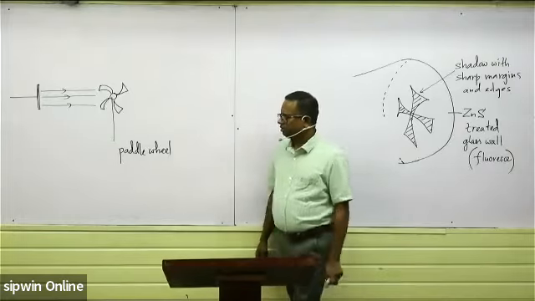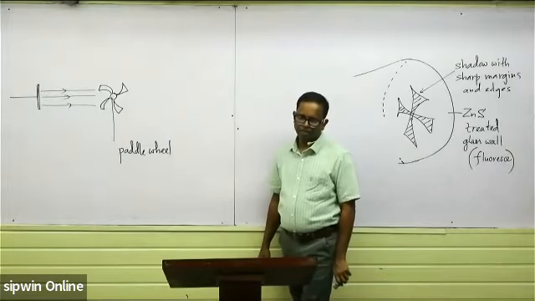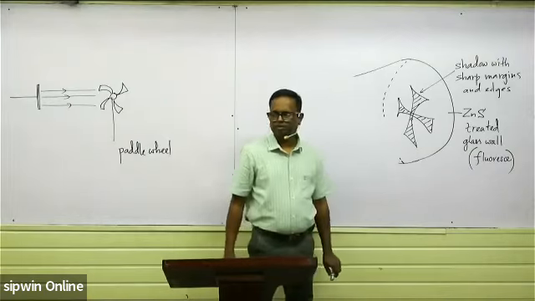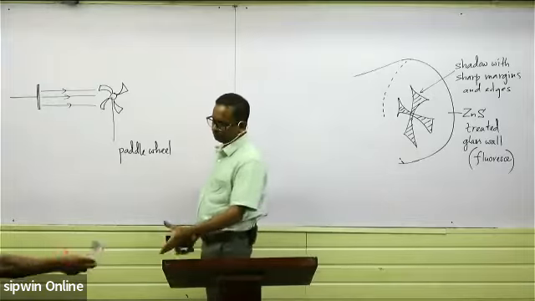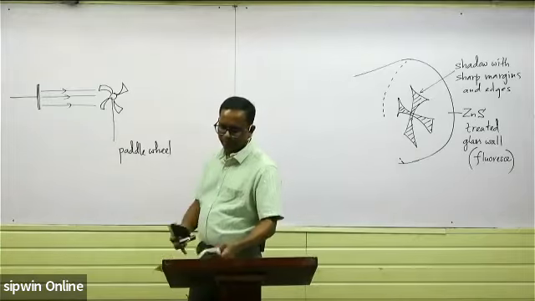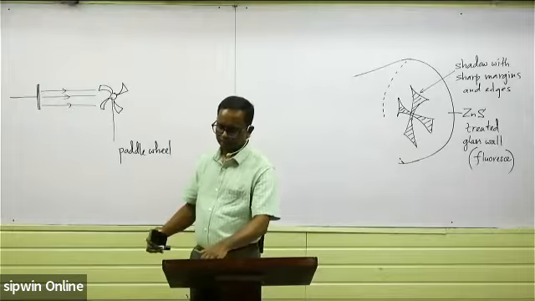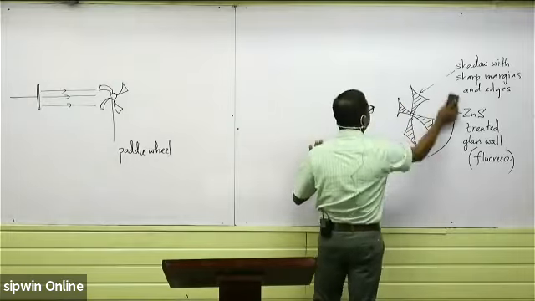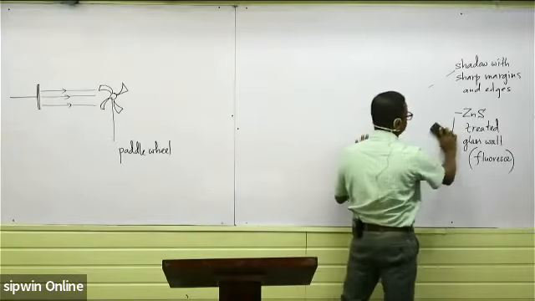Under that: a paddle wheel is placed in the path of the cathode rays.